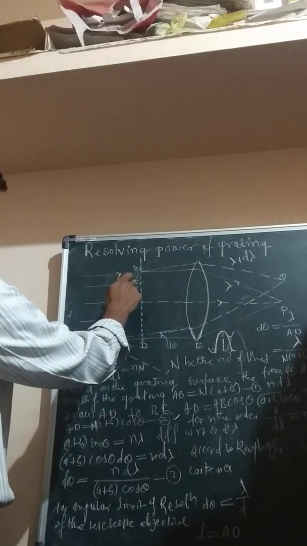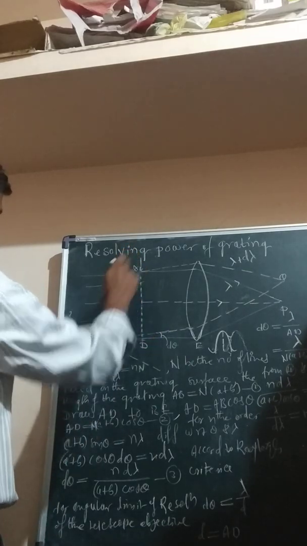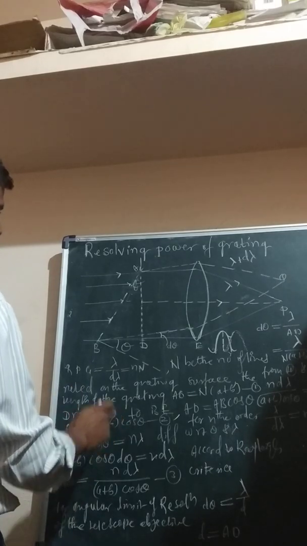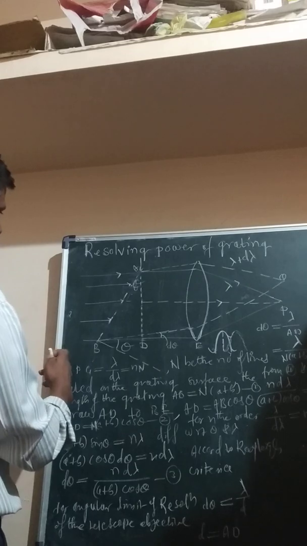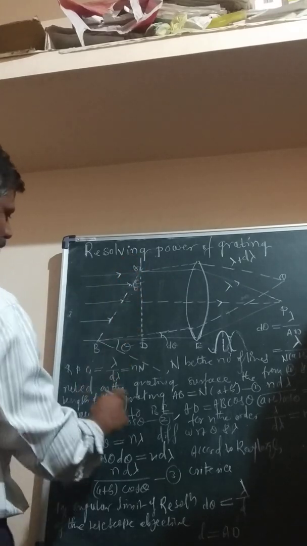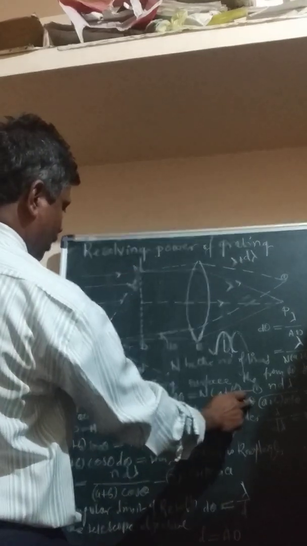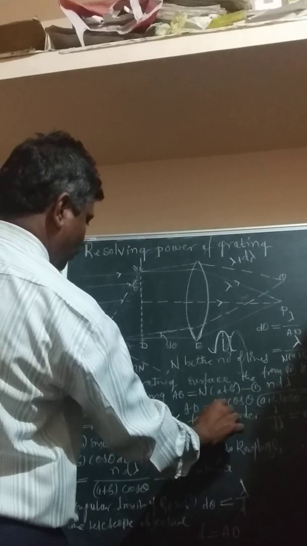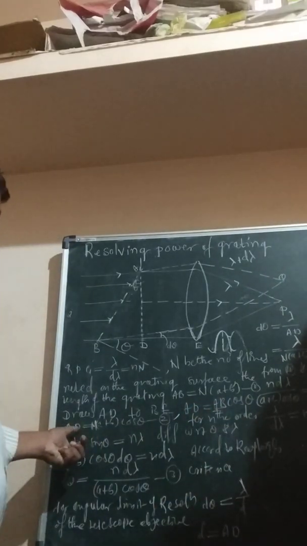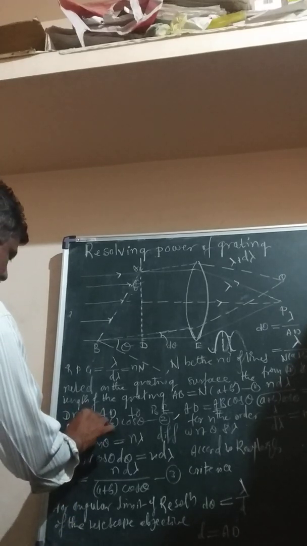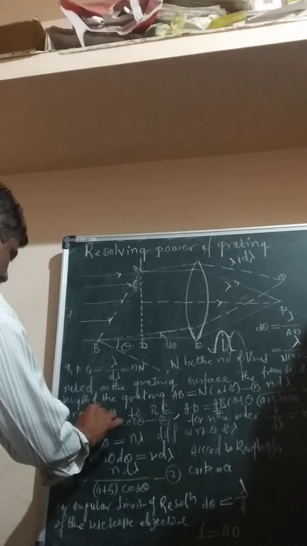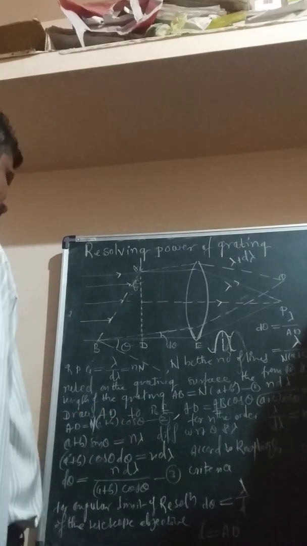Then from this triangle, cos theta is equal to AD divided by AB. Therefore, cross multiplying, we require AD is equal to AB cos theta, but AB is nothing but the length of our grating. So the length of our grating is N into (a plus b) into cos theta.